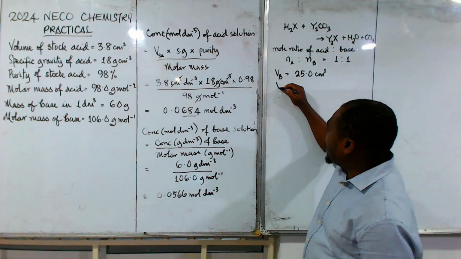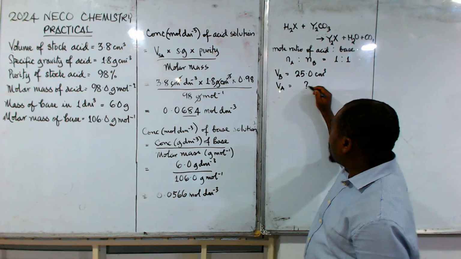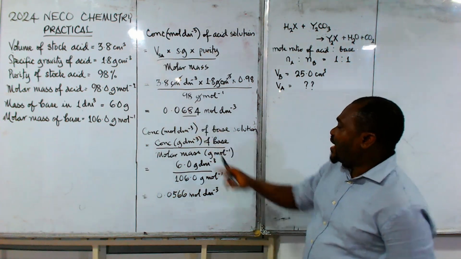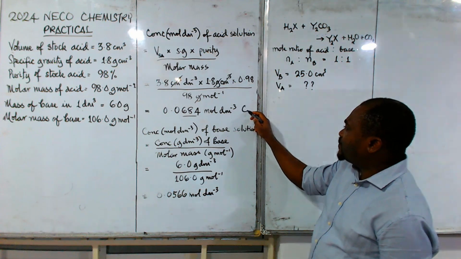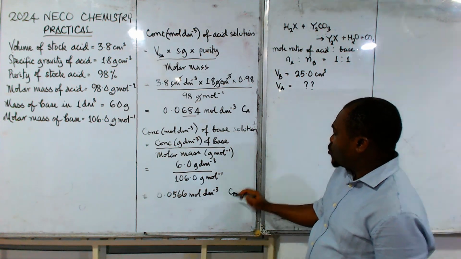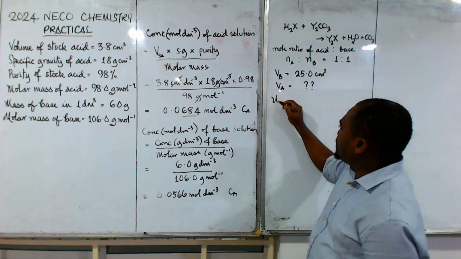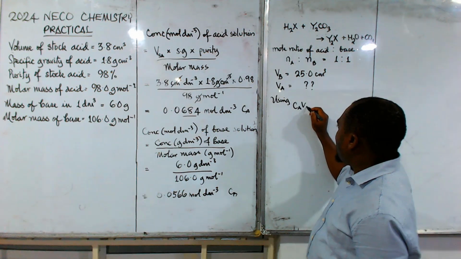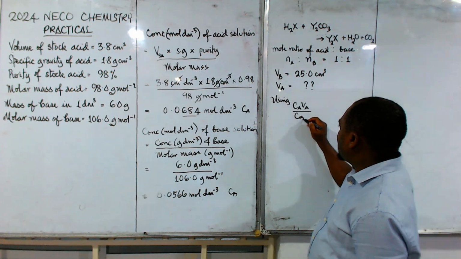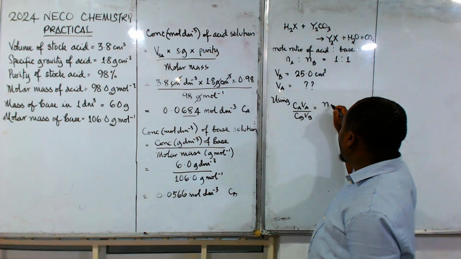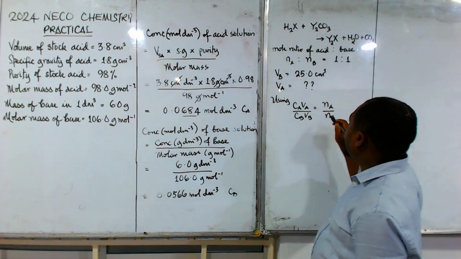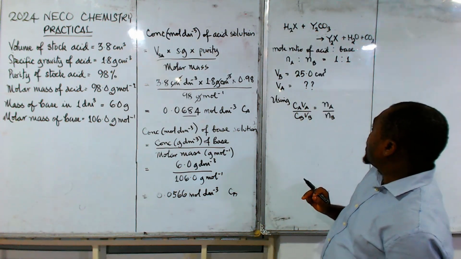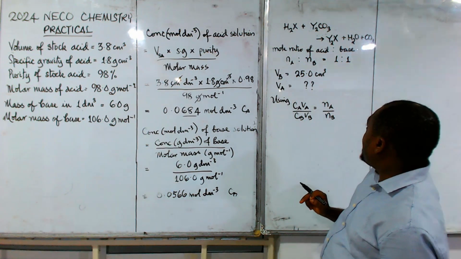Well, the volume of the acid would be what you will get from the titre value, right? So I already have our Ca and our Cb. So using CaVa over CbVb equals what? Na over Nb. I hope this equation is balanced. Yes, it is balanced. Okay?